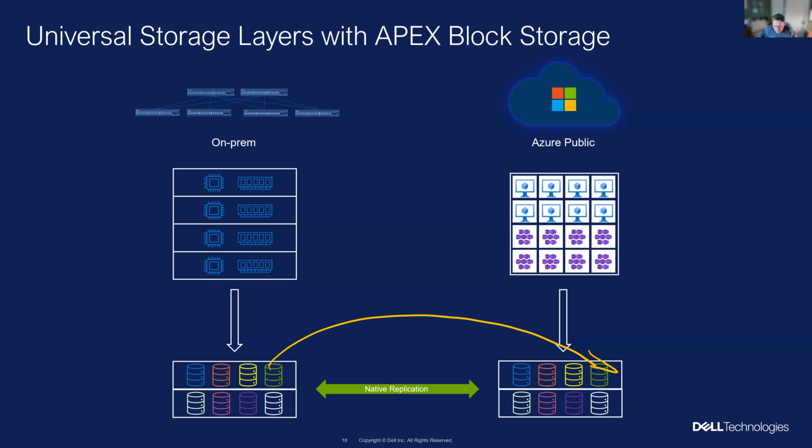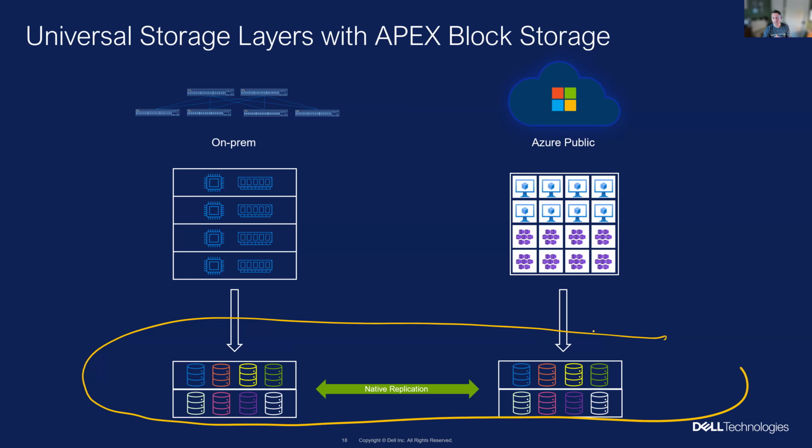It is asynchronous, and you can replicate back and forth. This slide isn't depicting it, but you can also replicate to AWS, and you can also replicate between Azure and AWS. So really what that's doing is giving you a universal storage layer where you have data mobility between hyperscalers and between on-prem.